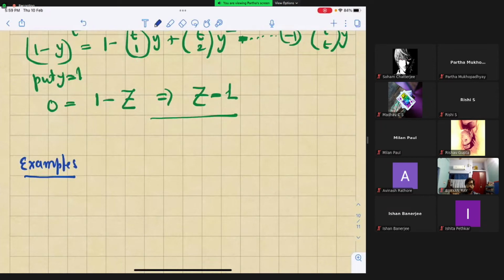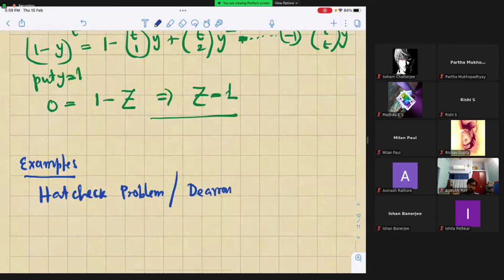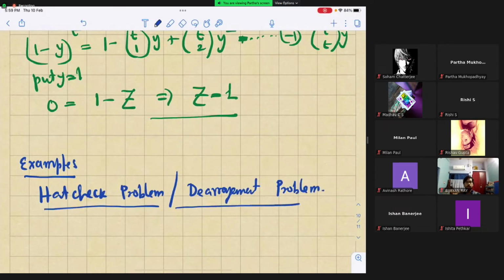But here we'll address this problem by using inclusion exclusion. This problem is famously known as the hat check problem, or the derangement problem. This problem has several names.